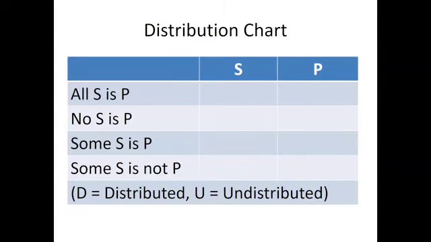Basically you have 4 types of categorical propositions, and in each case, one of the terms or another of the terms or both or neither is distributed. And so you now have 8 possibilities. For each of these propositions, you have 2 terms, and you can make your chart by filling in the space for each term, whether it's distributed in that proposition or not.